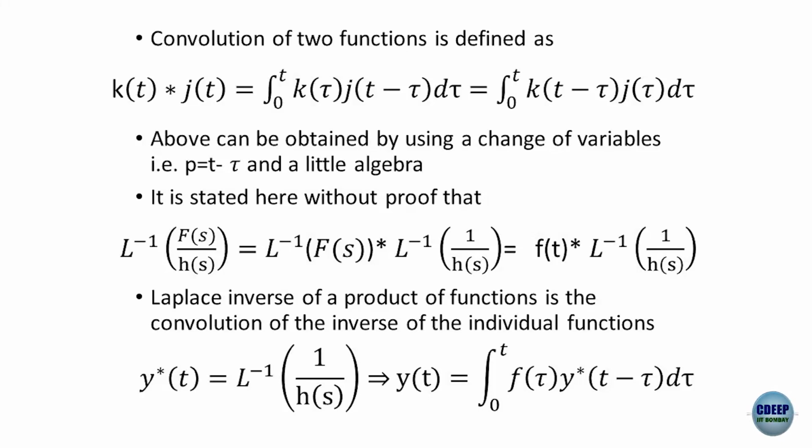This guy here is what I have obtained by using the Laplace transform, and we have waved our hands a little bit and said that there is something called a convolution operator, and if you are taking the Laplace inverse of that, we have not proved anything. We just said that you are going to get the Laplace inverse of the ratio of two functions as the convolution of these two, and when you did that, you came up with this here.